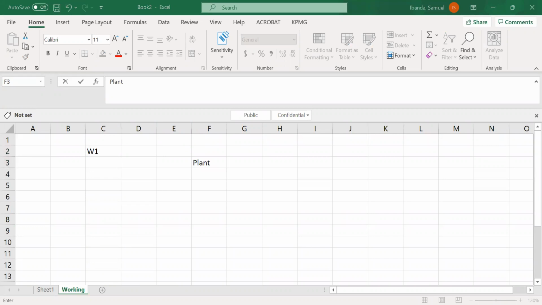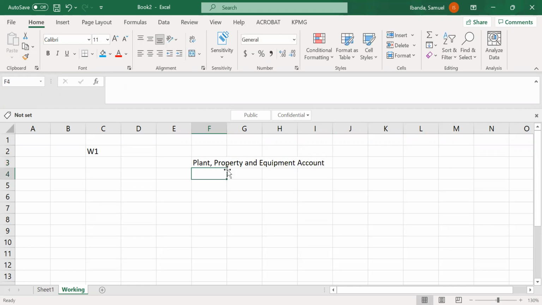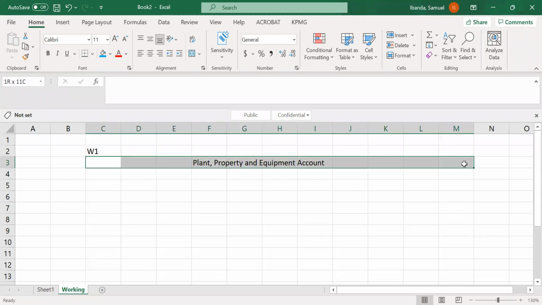I can call it PPE account, or the non-current assets account. Plant, property, and equipment account. Most businesses combine all the assets into a single account like this one. So that's what we are trying to do here.